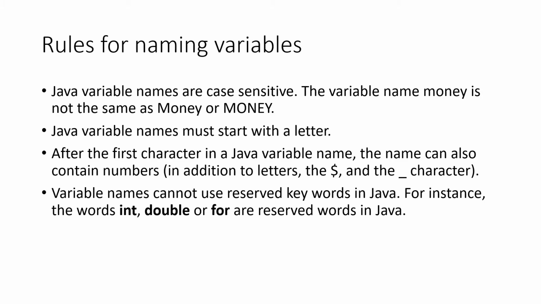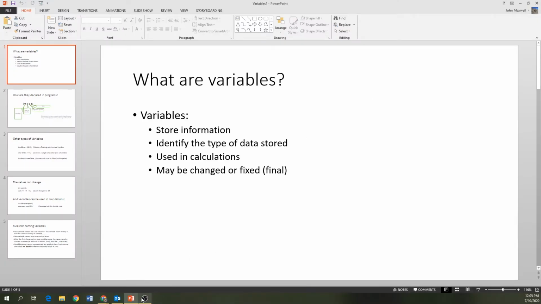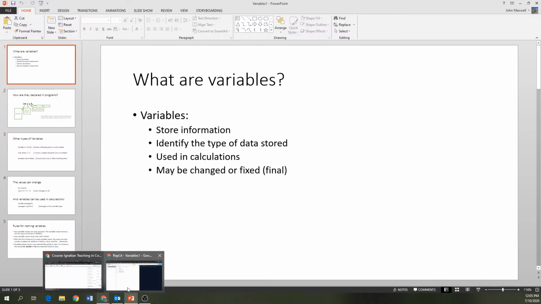So it would be class underscore average, perhaps, if you wanted to have something that looked more readable. And lastly, you can't use reserved keywords in Java. For example, int and double, as you know, are already used for something in Java, so you can't use them in your variable name.